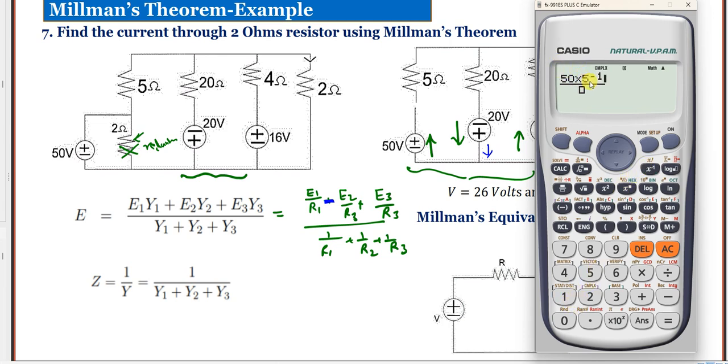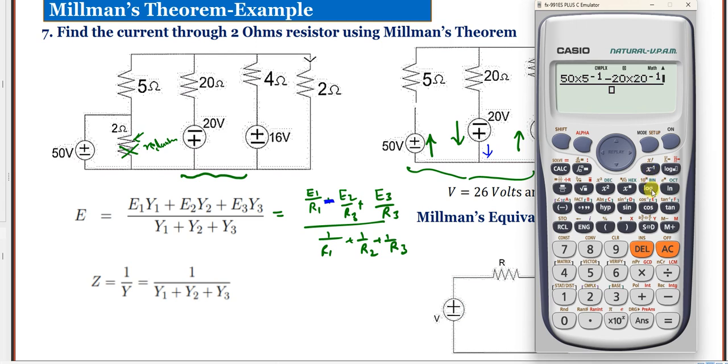If there is an I term you write it within a bracket and inverse; here there is no I term, so 50 into 5 inverse, minus E2. E2 is 20, so minus 20 into 20 inverse.